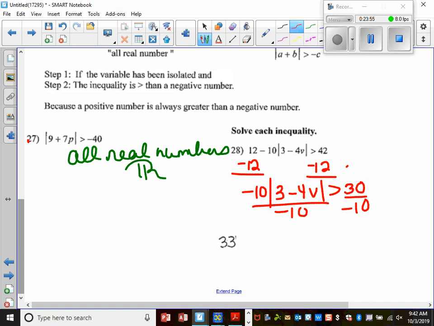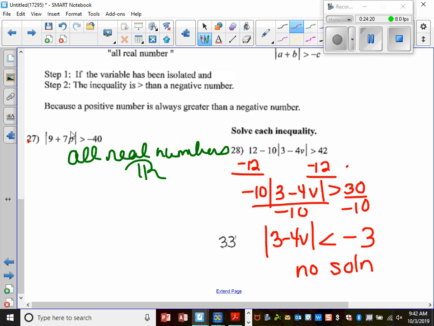And actually, this is going to come out to be less than, isn't it? Because I'm dividing by a negative. So really, this is not all real. So what would this be? This would actually be a no solution problem. Less than a negative, guys, would be a no solution. So we have 1 all reals and 1 no solution. Okay.